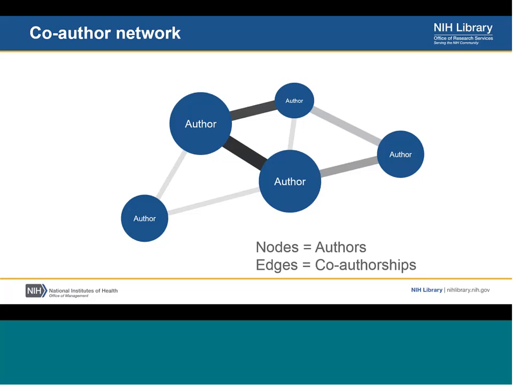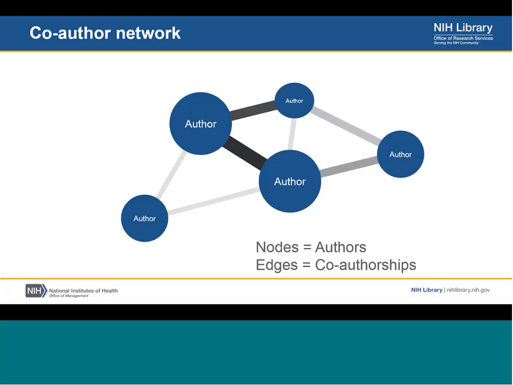The final kind of network that I'll talk about as an example is the co-author network. Moving this more into the bibliometric realm, this is the primary network that we're going to be working with and looking at today. In this kind of network, the individual nodes are authors in a particular publication set, and the edges or links between them are co-authorships on scientific papers.